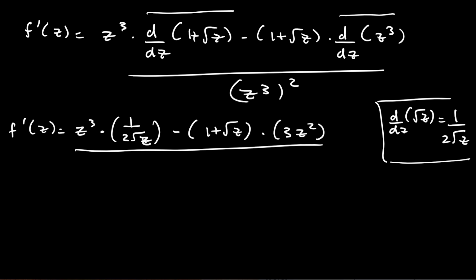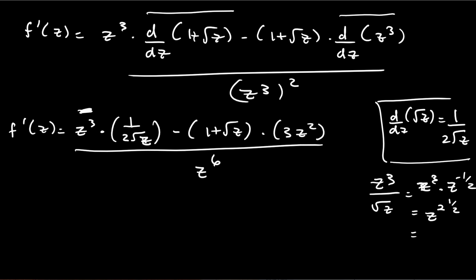And then on the bottom, we have z cubed squared, which is z to the power of 6. So here we have z cubed divided by the square root of z. So we can say z cubed divided by the square root of z is z cubed multiplied by z to the minus 1/2, which is z to the power of 2.5, which is z to the 5/2.